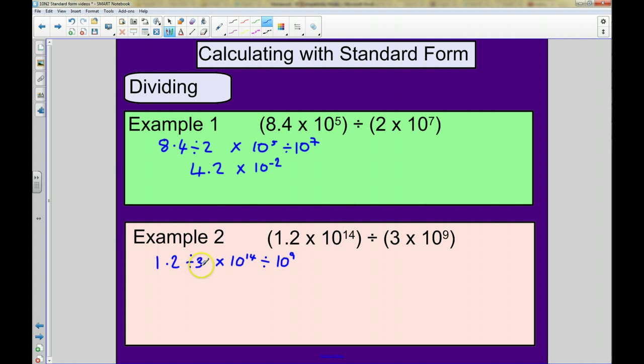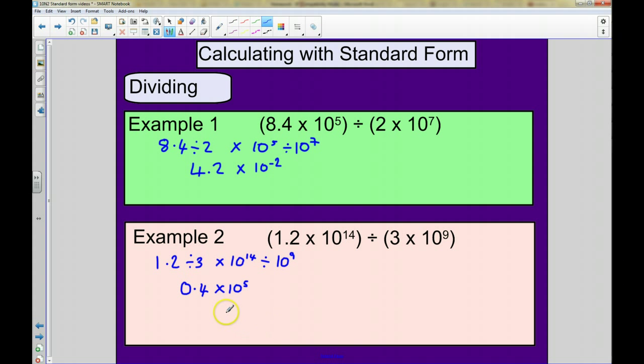Now the 1.2 divided by 3 bit, well 12 divided by 3 is 4, so 1.2 divided by 3 is going to be 0.4, and I'm going to times that by 10 to the power of 14, take away 9 is going to give me 5. So I've got 0.4 times 10 to the power of 5.